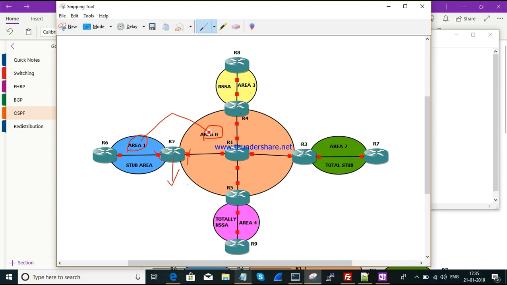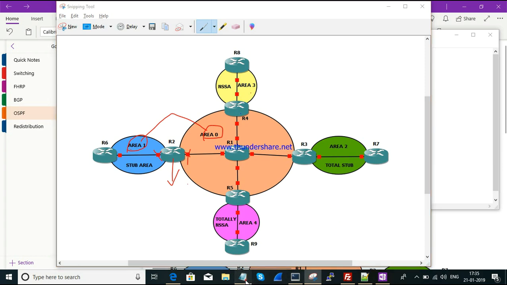That's why we call this router an area border router. ABR-related LSAs, or different-area-related LSAs, are generated as type 3 LSAs.